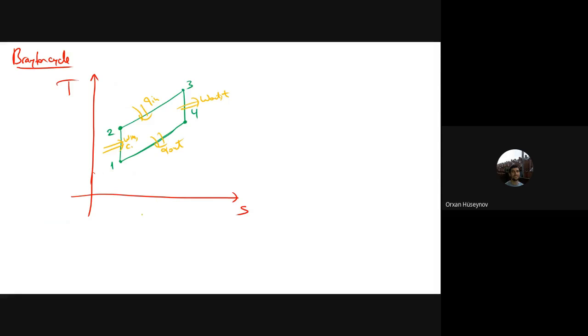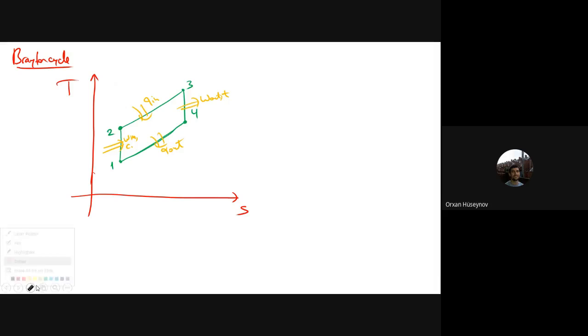This is the real one, but if we look at the ideal one, if you look at the real one, what you can see is that... Okay, actually let me draw it over that one. Let's overlay the plots instead of drawing one more.